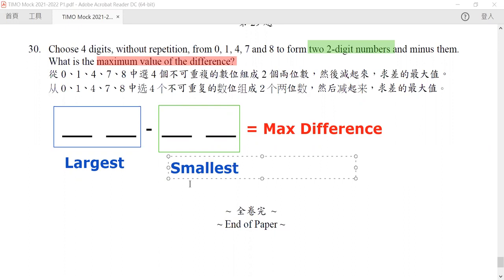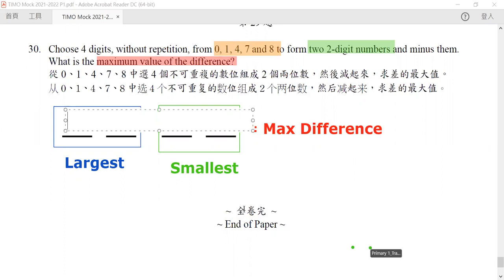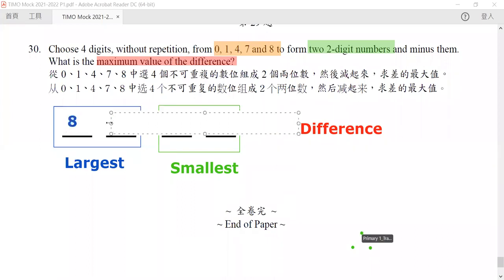So what is the largest number and the smallest number using these 5 digits? Again, if it is the largest number, the first digit must be the largest, so it must be 8, followed by the second largest number, which is 7, right?